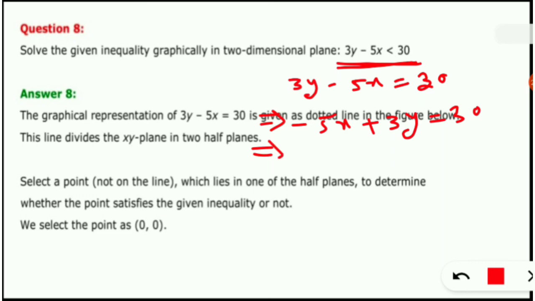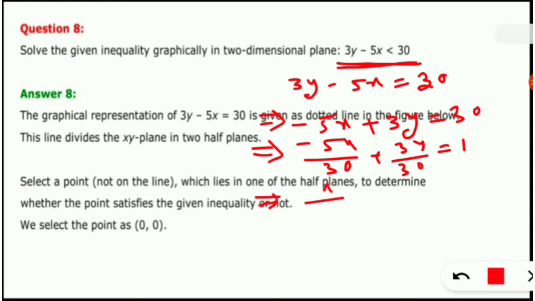Now we divide both sides by 30, that means minus 5x divided by 30 plus thrice y divided by 30 equal to 1. So x by minus 6, because minus x by 6 can be written as x by minus 6, plus y by 10 equals 1.